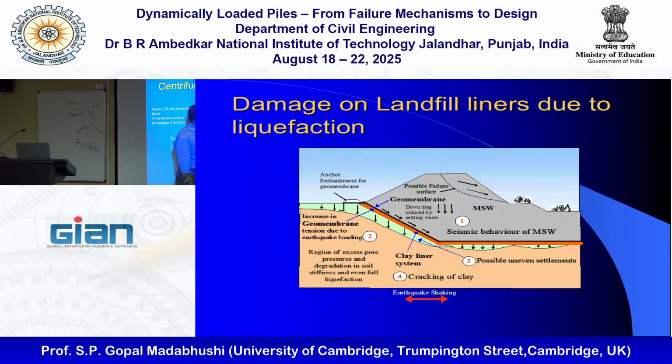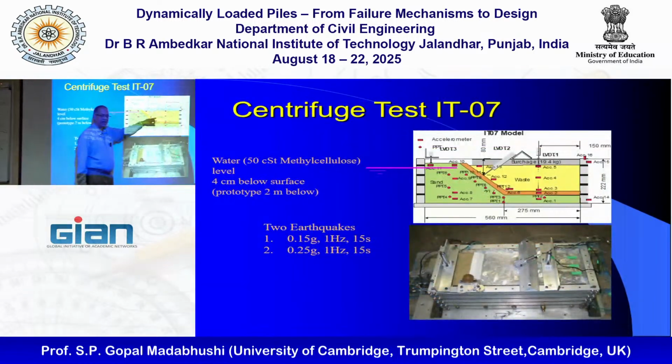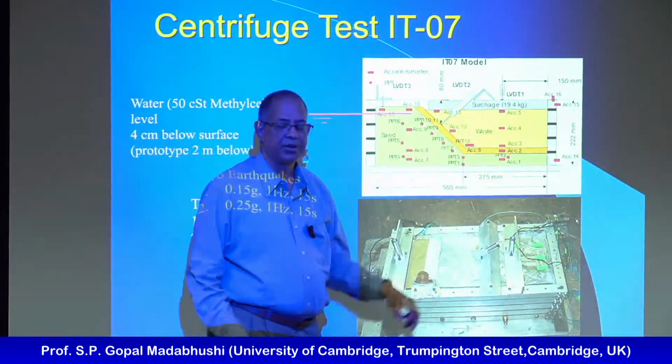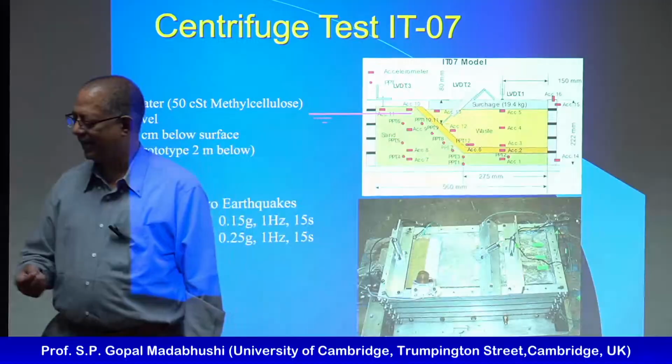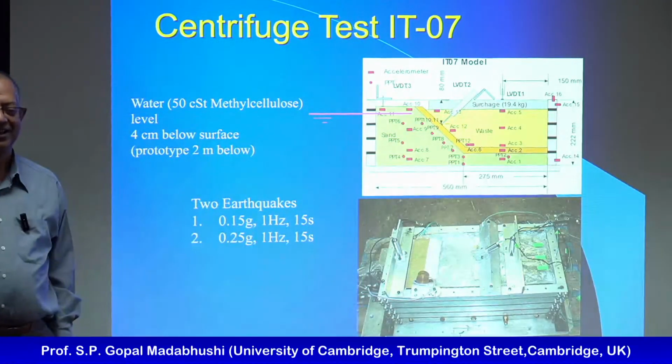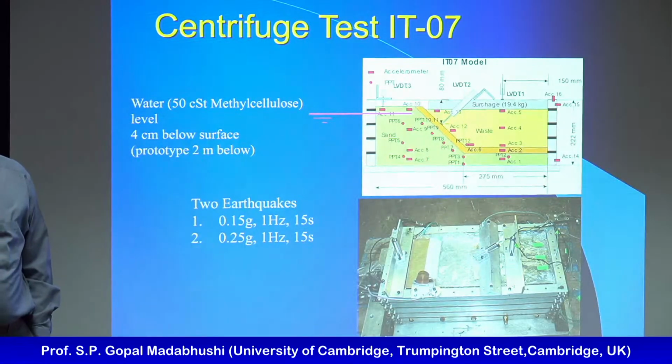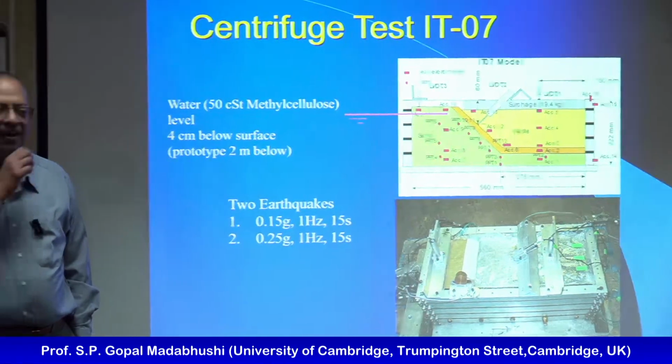So this is the loose sand which can liquefy. We fill this with model waste and the clay liner. So we had to create model waste, unlike IIT Delhi, where there was a guy who actually went to real landfills and got the waste to characterize it.